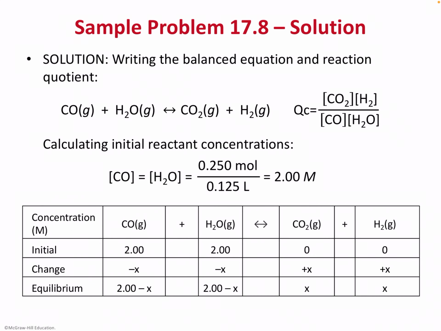This is our expression with the equilibrium concentrations from the table: x times x is x squared, over 2 minus x times 2 minus x, which you can put together in parentheses like (2 minus x) raised to the power 2. It's a typo here, it has to be raised to the power 2.